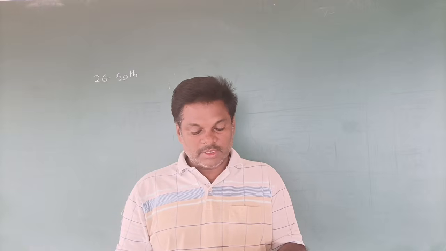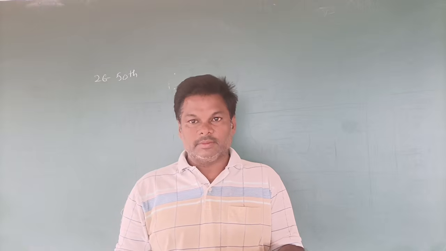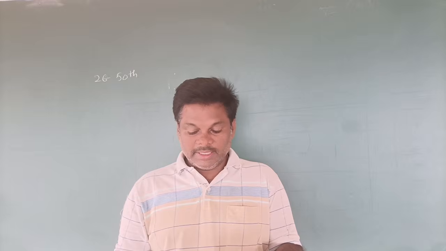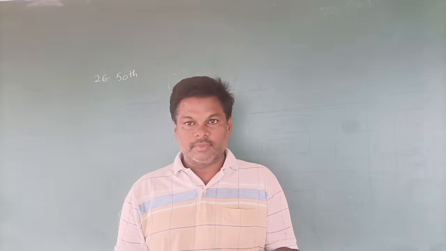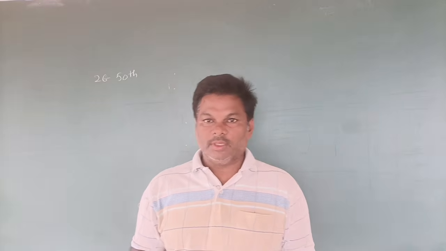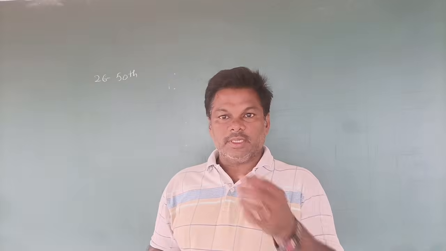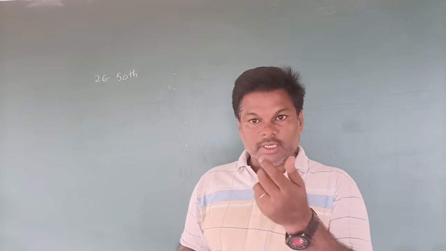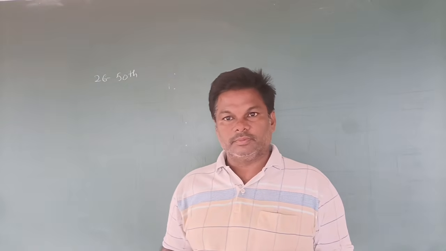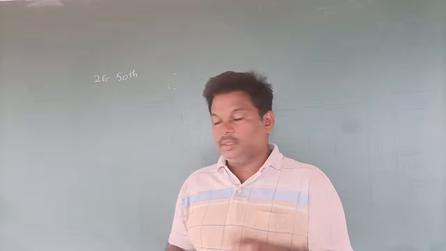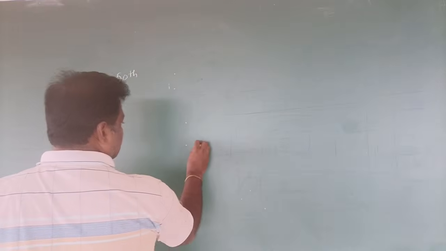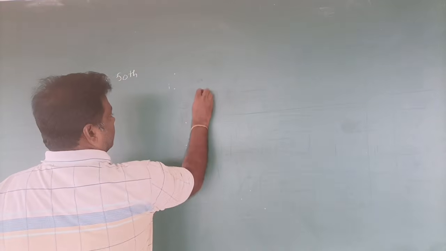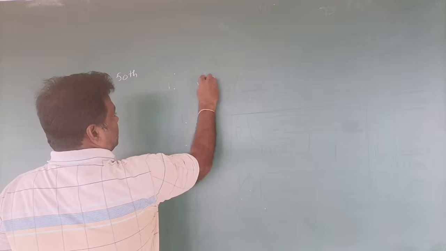A body is projected vertically up from the ground. On reaching the greatest height, that is the maximum height, the velocity of the vertically projected body becomes zero, v is equal to 0.